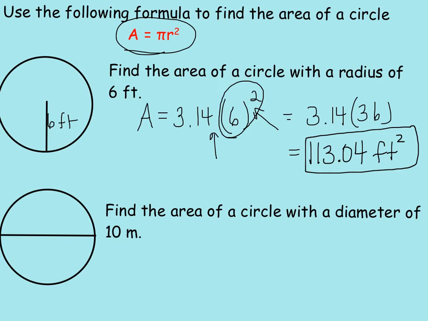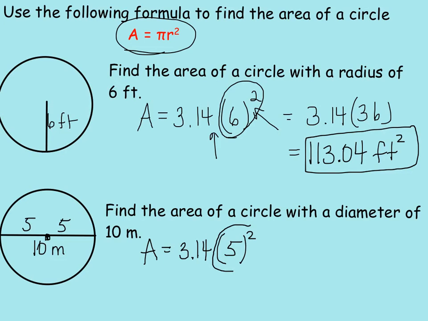In the second example, we have a diameter of 10 meters. Area equals pi, which is 3.14, times the radius. Now, they don't give us the radius in this one, but they do give us the diameter. And I know that the diameter is really just 2 radii put together. So the radius is 5, and then we want to take that to the second power.